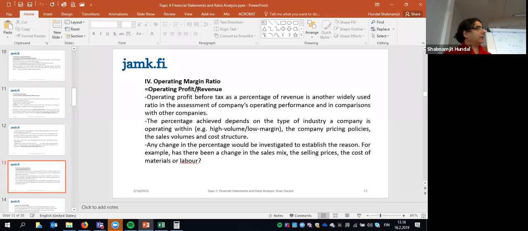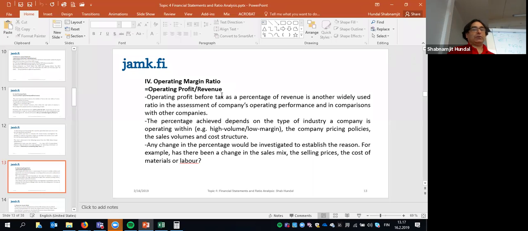The difference between this ratio and the previous two ratios is that in the first two ratios, we have operating profit and we divide by total capital employed first, which comes from the balance sheet. And in the second case, we took total equity, which also comes from the balance sheet. But here, both figures come from the income statement. Your operating profit is in the income statement. Your revenue is also in the income statement.